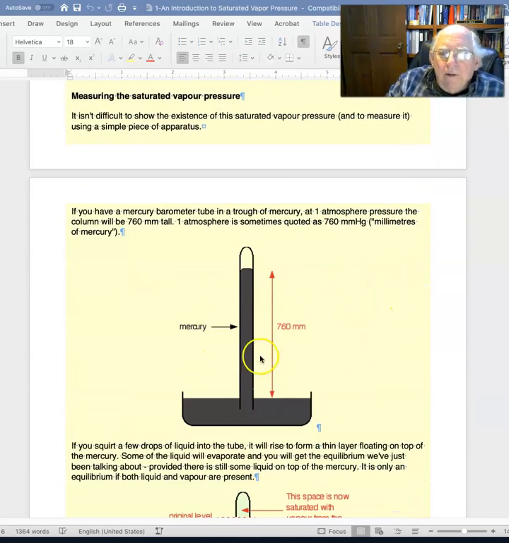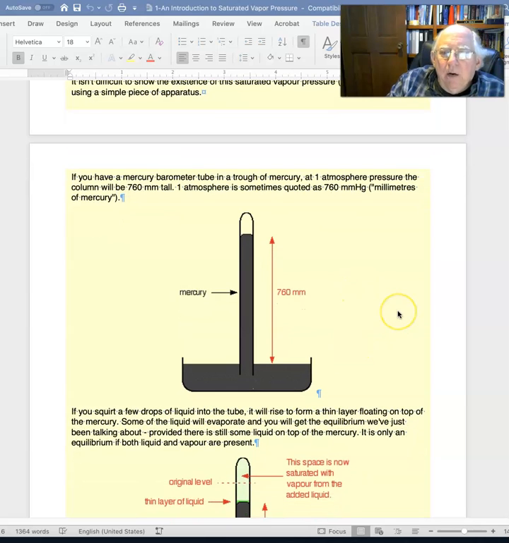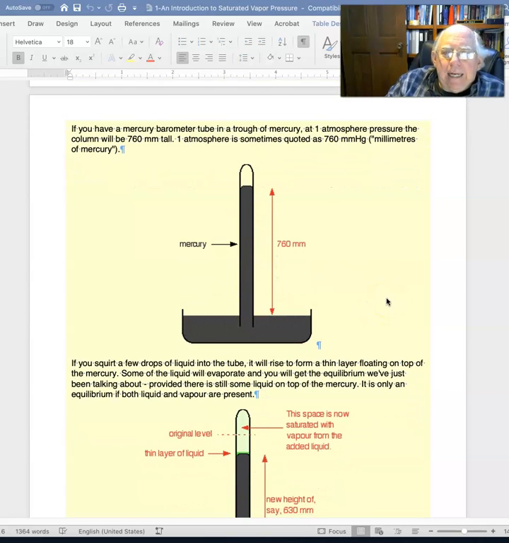How is that manifested? If we have a substance such as mercury, mercury is a pure substance, and at a given temperature, mercury has a vapor pressure associated with it.